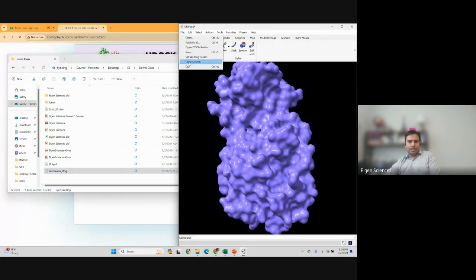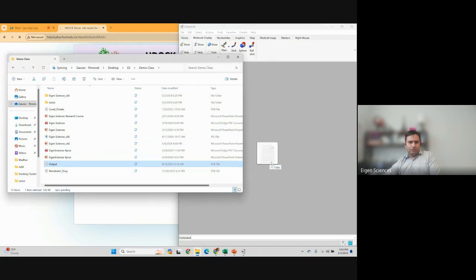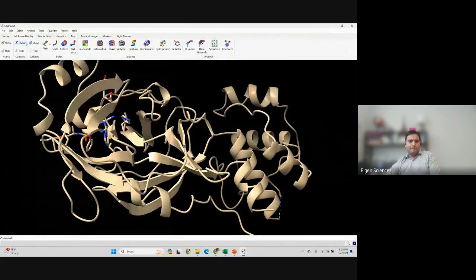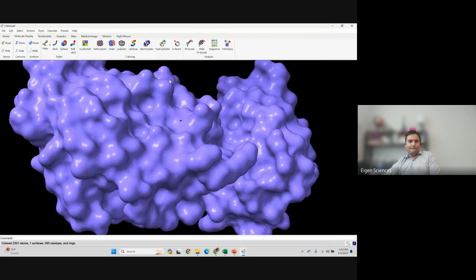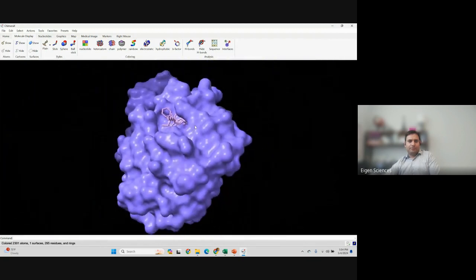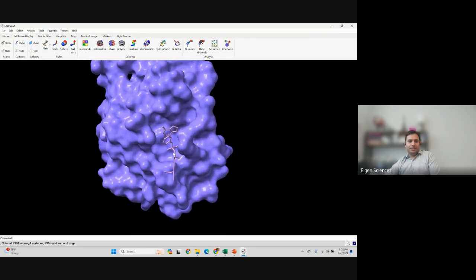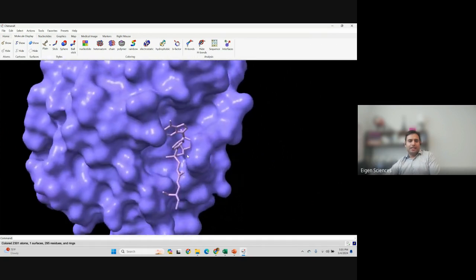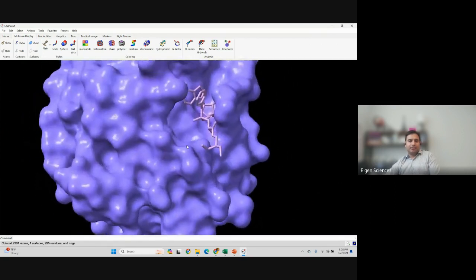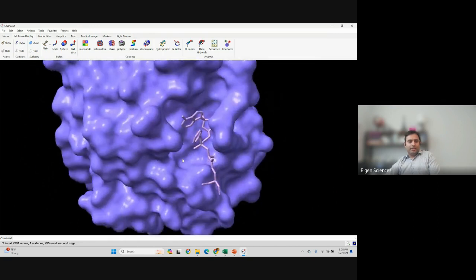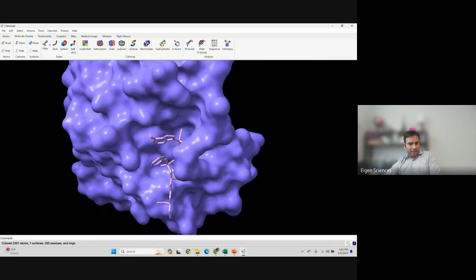File, close, output file. So this is the same protein, and if we zoom out, you can see how the drug is binding inside this cavity. It's not only binding, it's binding deep inside the cavity.